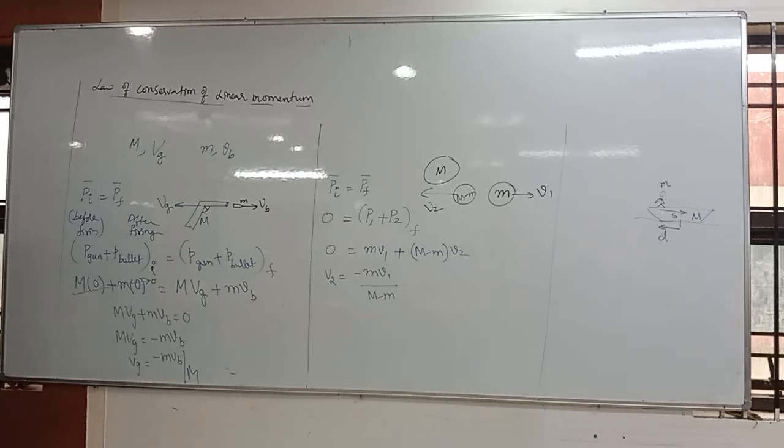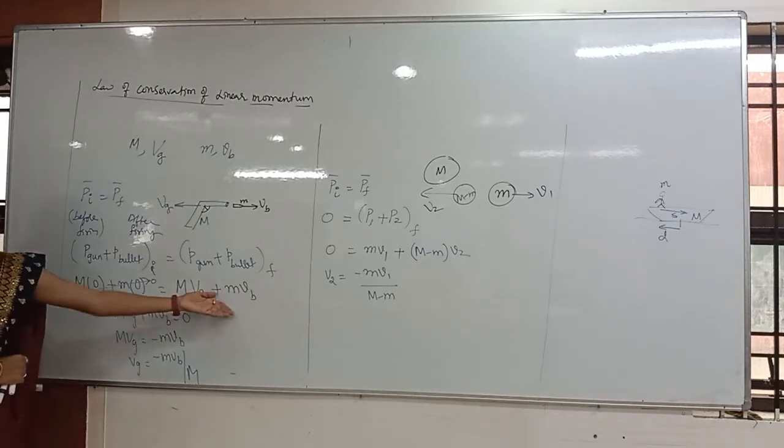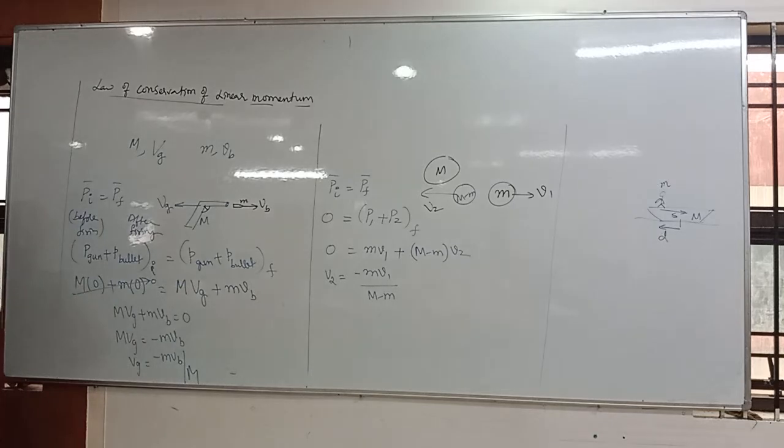Velocity momentum is nothing but mass into velocity, P is equal to mv. Displacement momentum is nothing but mass into displacement. There is no confusion in that. Otherwise, v you can write as displacement by time, and you can cancel time and time also.